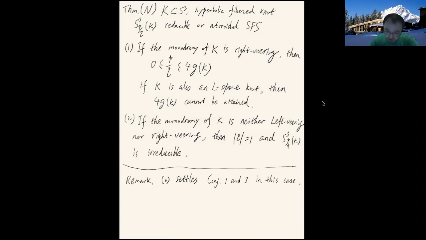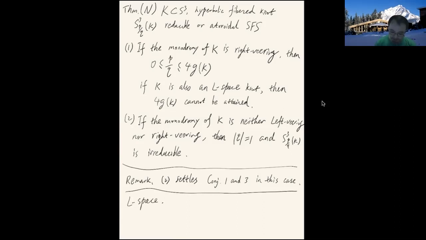So now in this theorem, I think I should explain some terminology. The first terminology I want to explain is L space. This has something to do with Heegaard Floer homology, which I think you have seen before.